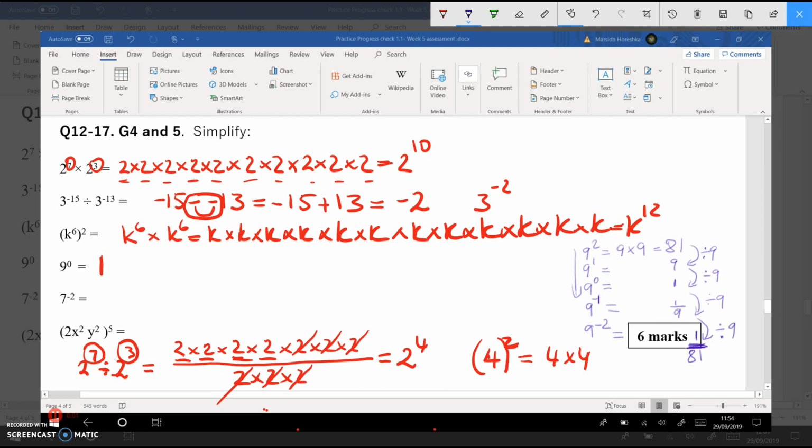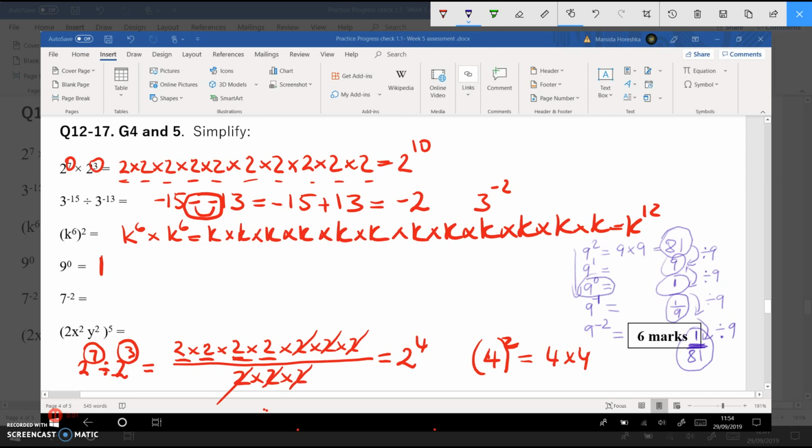And you can also see a reflecting pattern in here. So we have this 1 in the middle, then going up we've got a 9, going down we've got 1/9. Going one step up again, we get 81, and one step down is 1/81. So that power of 0 is the middle one.